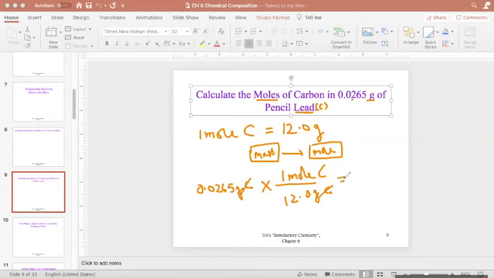If you divide these two numbers, you're going to get a very small number, 0.0208 moles of carbon, right? You're going to get moles of carbon. But how many sig figs do you need? You need 3, right? 1, 2, 3. And how many sig figs do you have in your answer? You have 3. 1, 2, 3. So you can leave your answer like this.